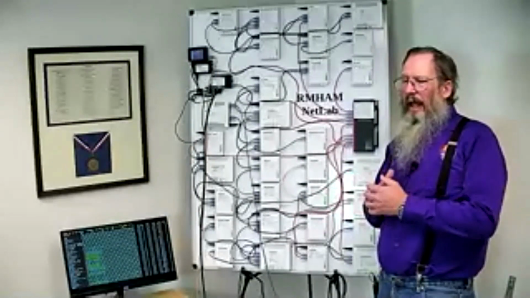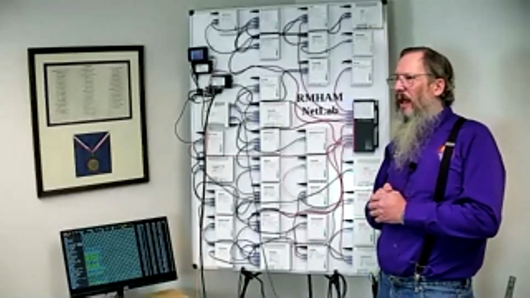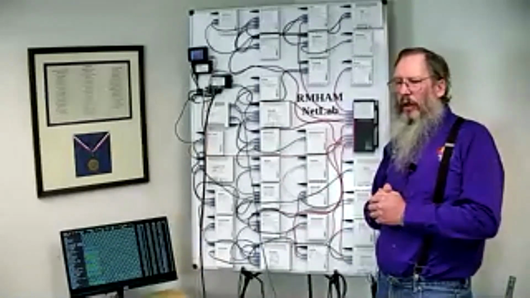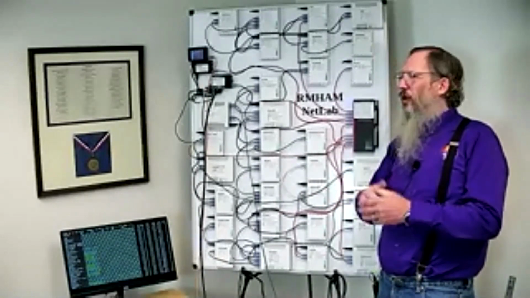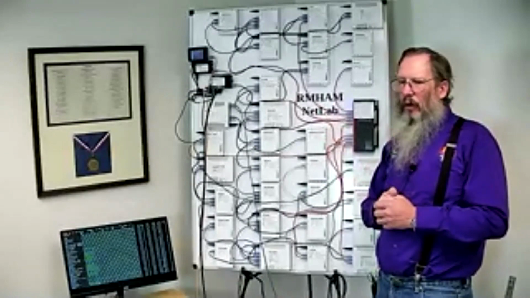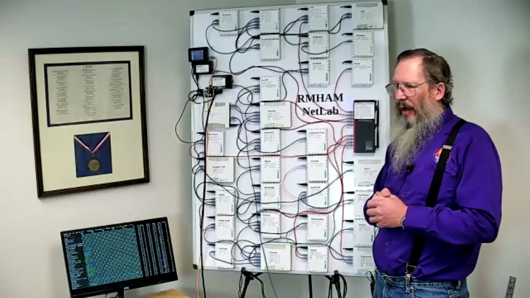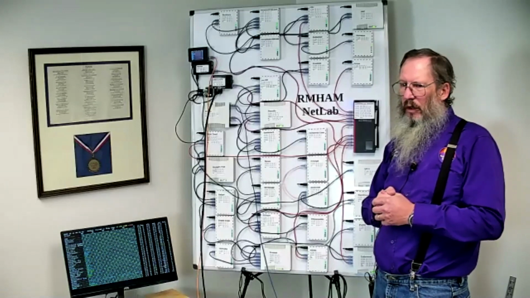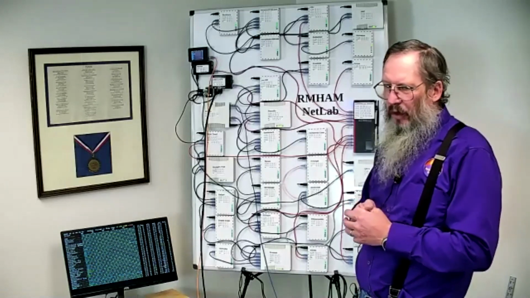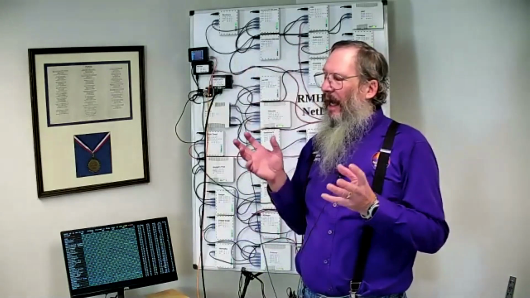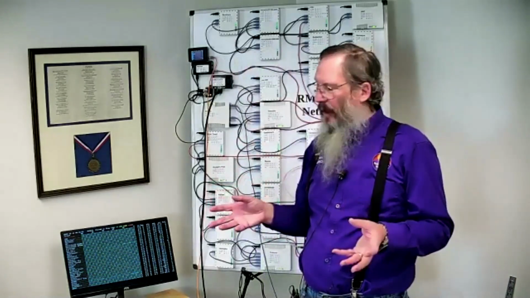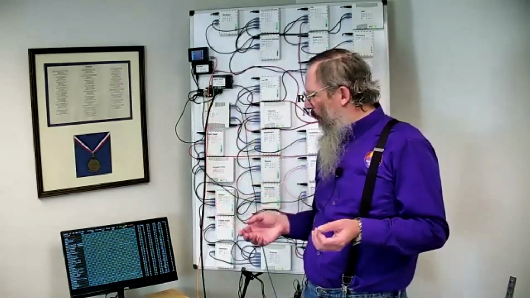It runs basically a custom Linux kernel that you can use for routing. It supports pretty much every routing protocol that you could ever need. IPv4, of course, is sort of the backbone of everything that we do, but it supports OSPF and BGP and all of those kinds of things. But the big difference between this device and the ones that you can get from the Best Buy is that any port can do any function.